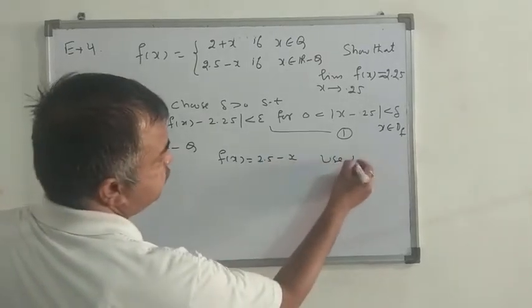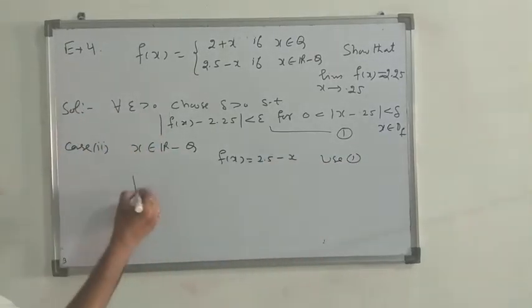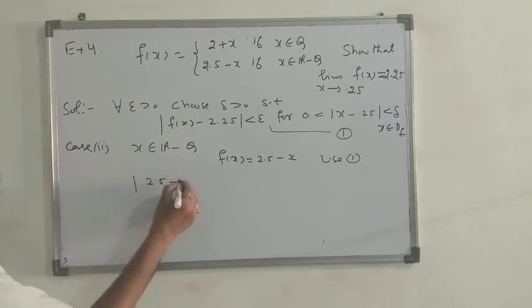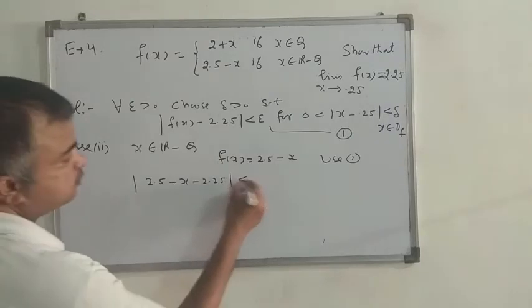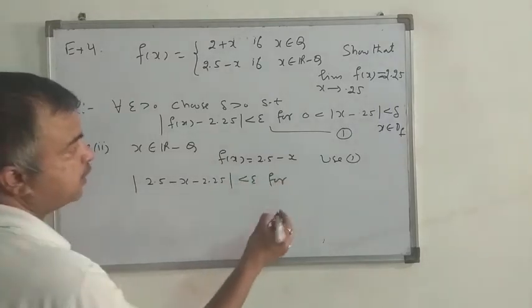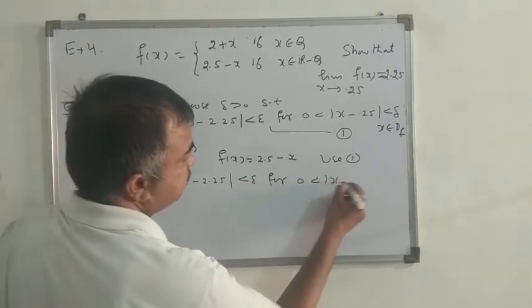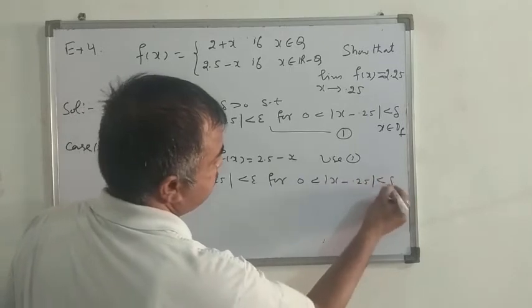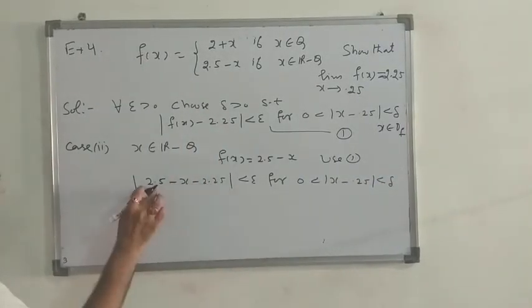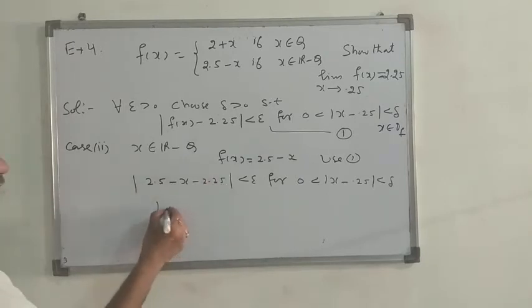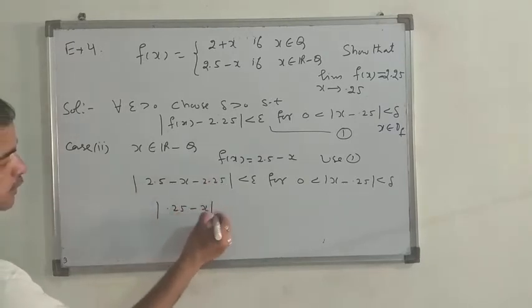So again use 1, we get |2.5 − x − 2.25| less than epsilon for 0 < |x − 0.25| < delta. This is 2.5 − 2.25, which is 0.25 − x.